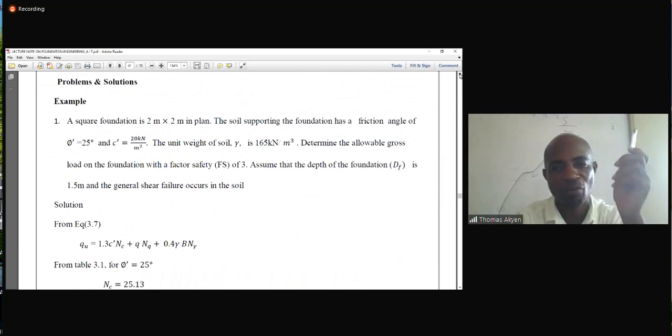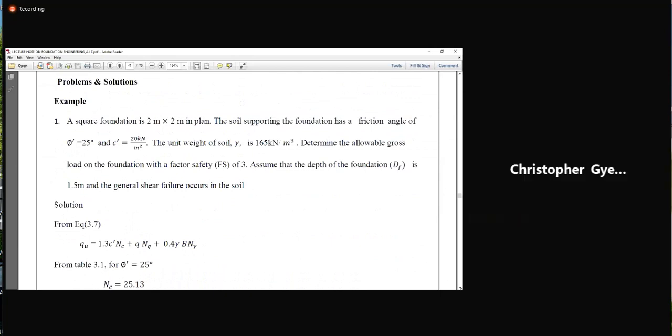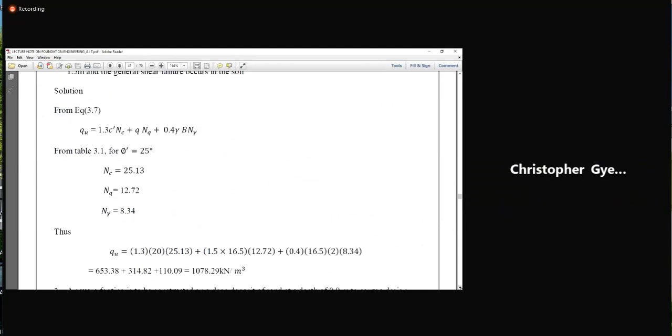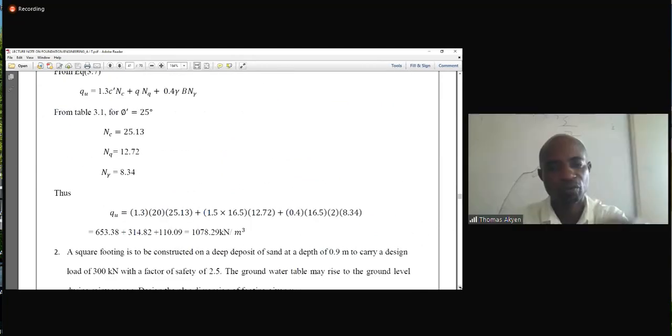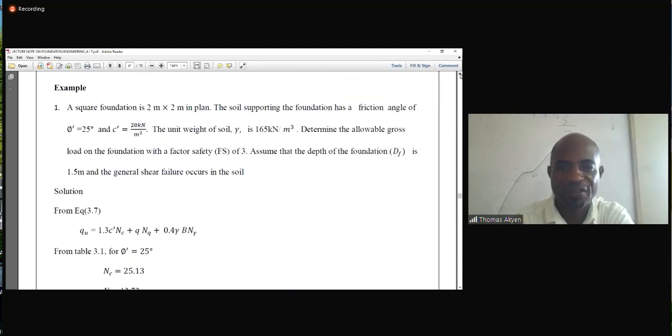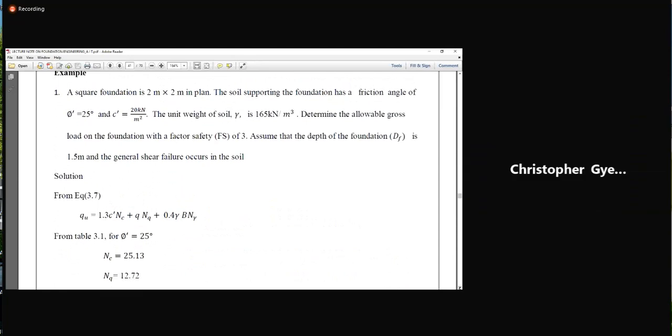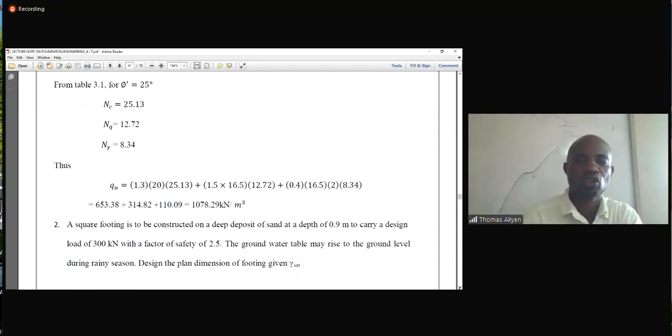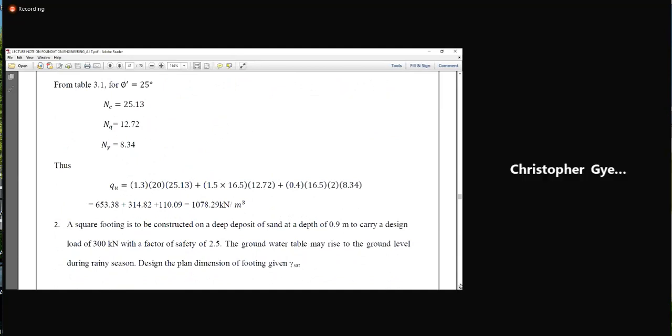Is 165 kilonewton per meter cube, right? Yes, sir. So then you put in, it should be 16.5. I think there was a mistake there, 16.5, not 165, 16.5 kilonewton per meter cube. So then you slot in the equation. So you get your gross bearing capacity.